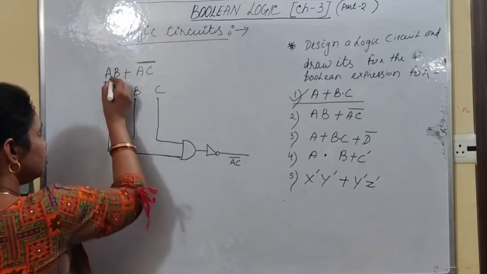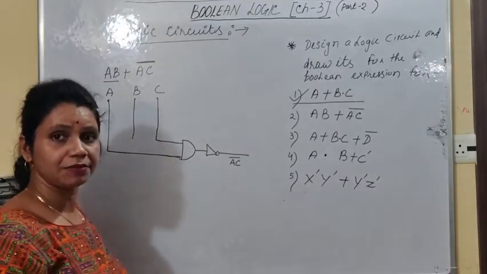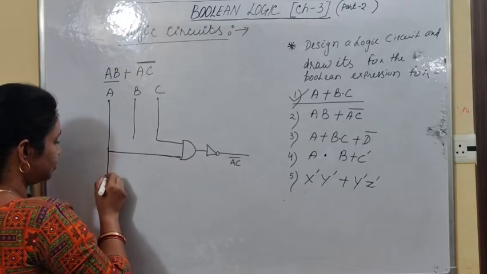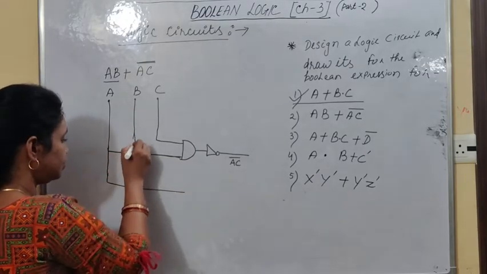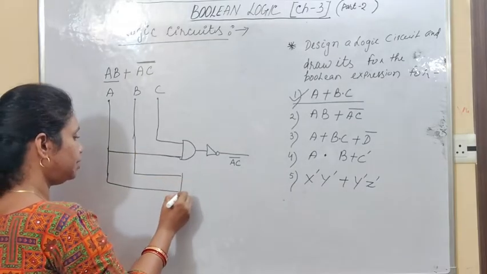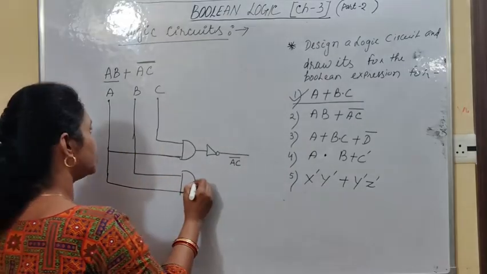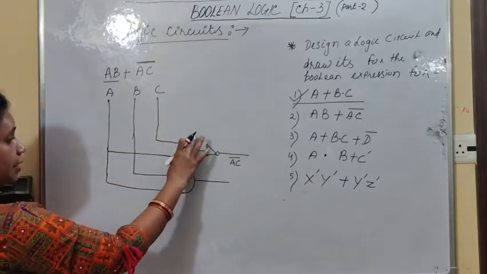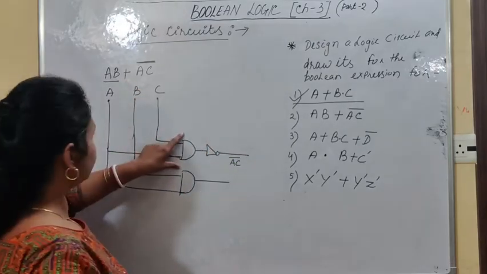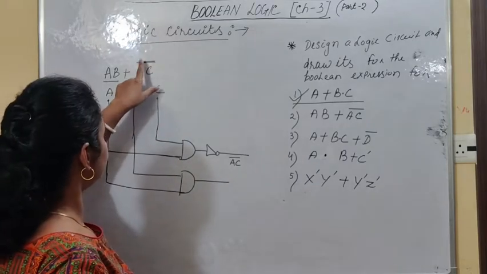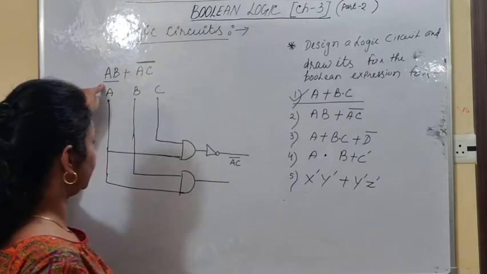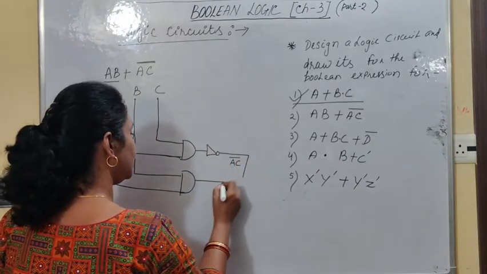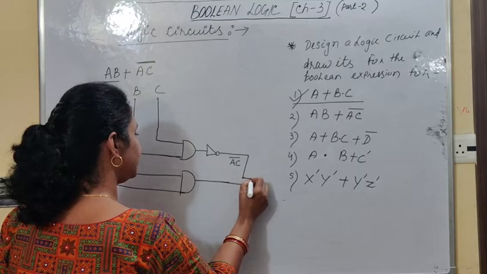Now this is your A dot B. No operator is written, but it is understood that it is logical multiplication. So here A dot B, this is your A signal and this signal is your B signal. Now you have to implement the AND operator between A and B. Already I have made the logic gate of the sub-expression AC whole bar and another sub-expression, that is A dot B. Now you have to join these with the help of the logical OR operator, because the plus sign is there.